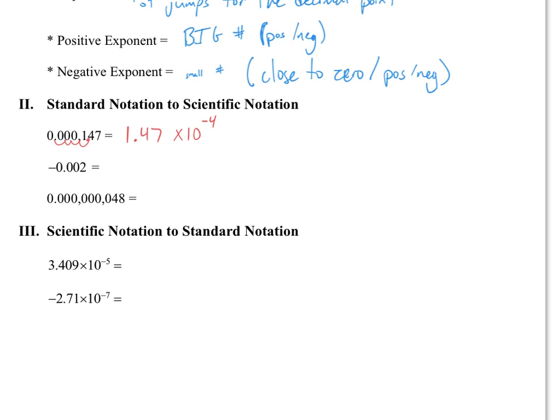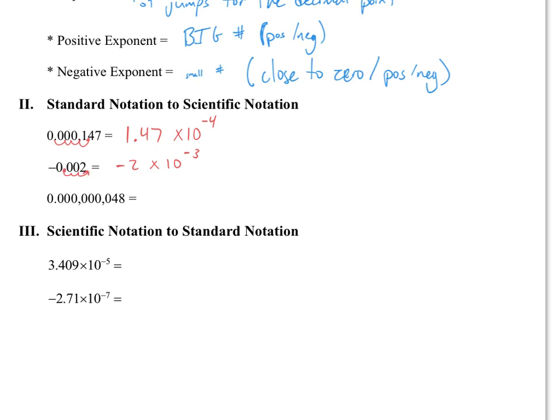Next one. Notice it's a negative number. So you're going to have negative 2, and our decimal is going to move 1, 2, 3 places. So times 10 to the negative 3. Wait, wouldn't it be 0.2? The decimal was here, and I moved it to here.